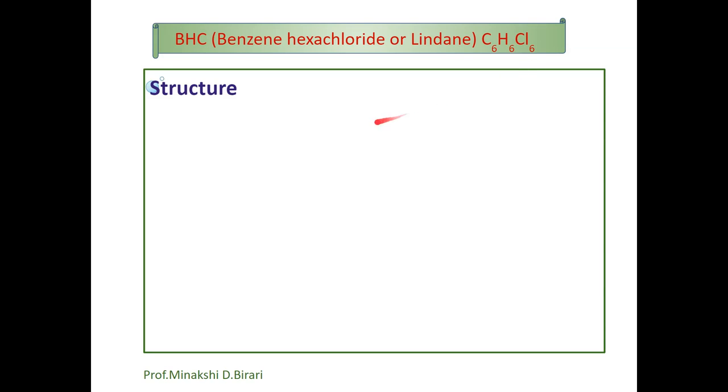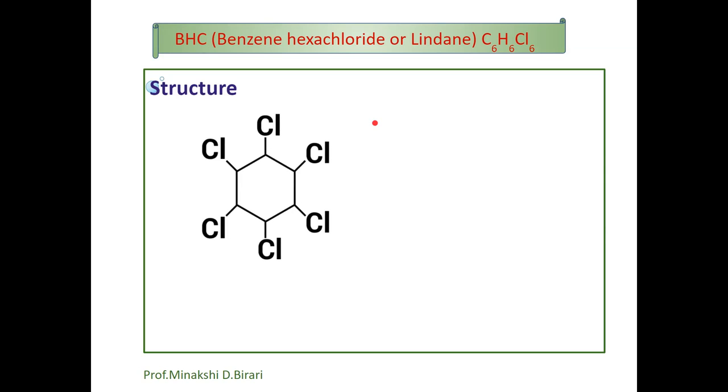Now what is the structure of benzene hexachloride? This is the structure of benzene hexachloride: 6 chlorine atoms, 6 carbons and 6 hydrogens. So this is the structure for BHC or lindane.